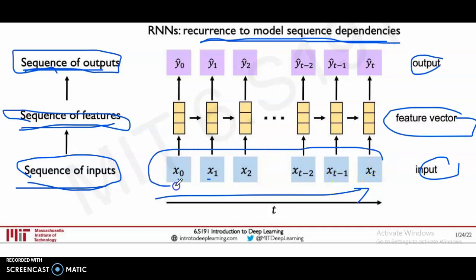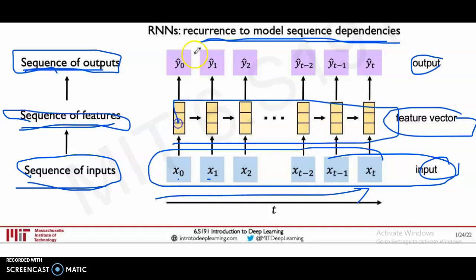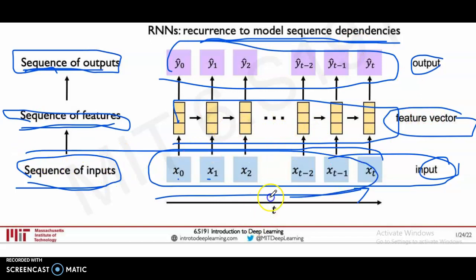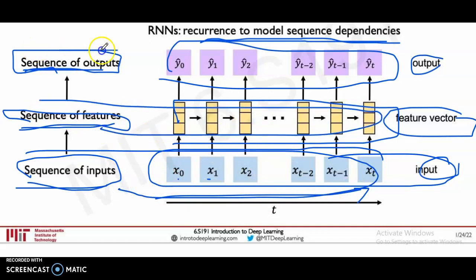These are all input vectors. This is the feature vector. This is the expected output: y0, y1, y2, up to yt minus 1, yt. Recurrence is used to model sequence dependency.